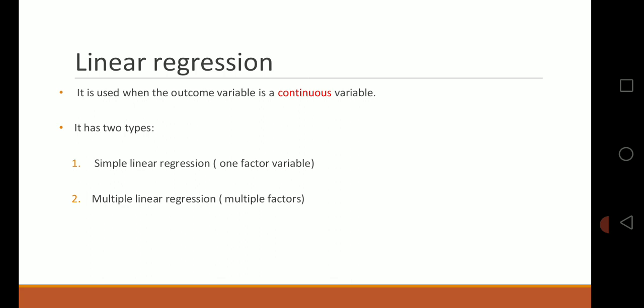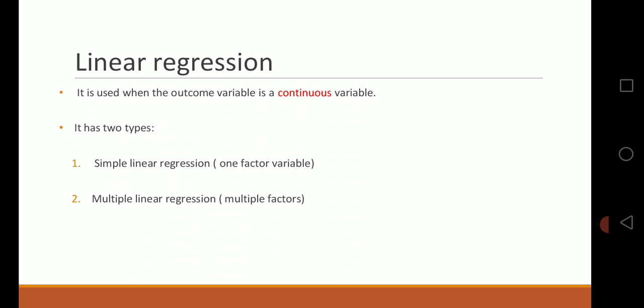Okay, when we define the outcome variable, we look at its type: is it a continuous variable or not? If it's a continuous variable, collected as a number, then for the prediction and the causation we use the linear regression test.